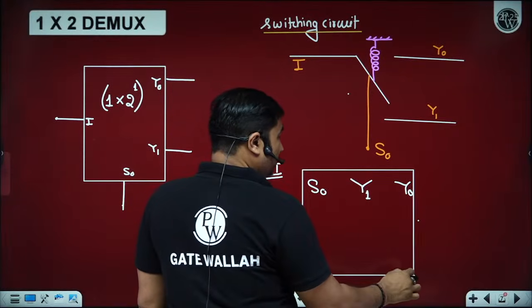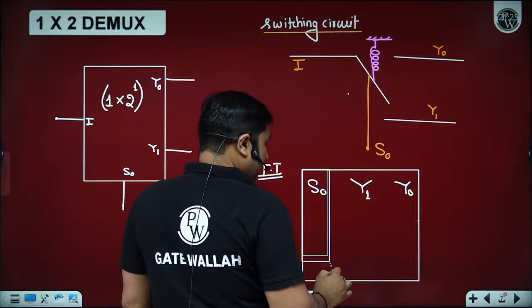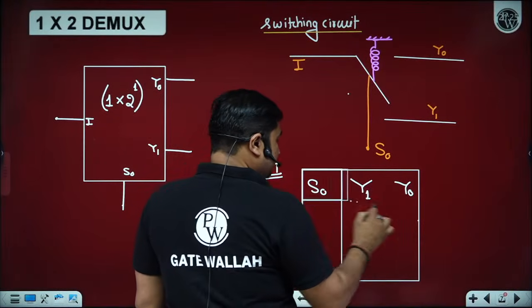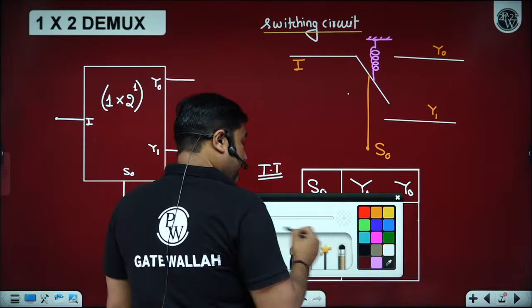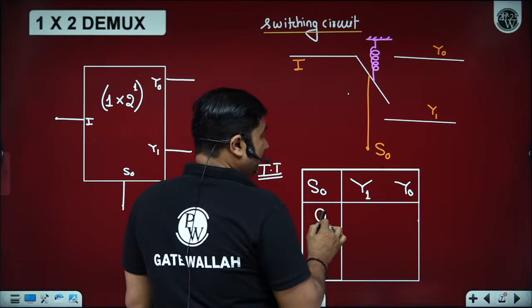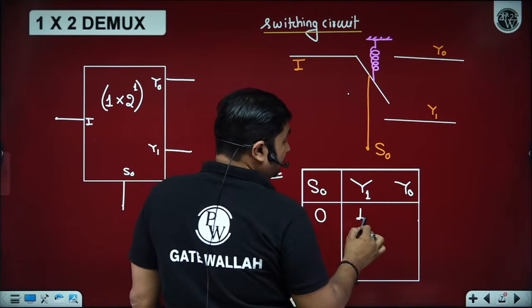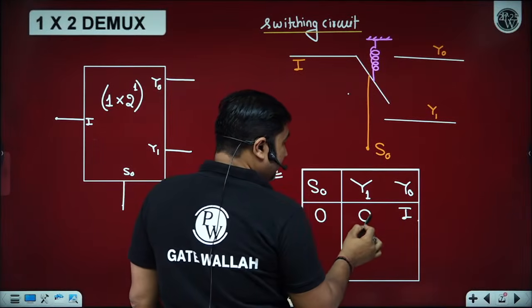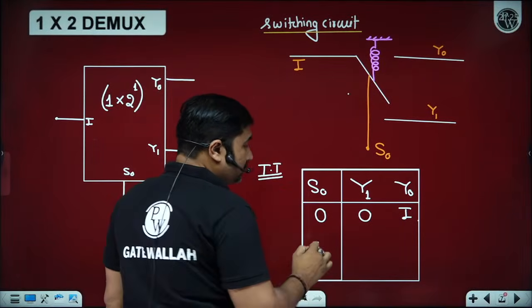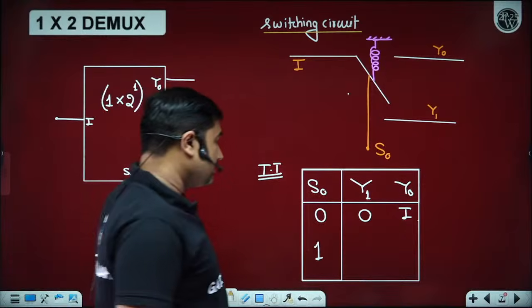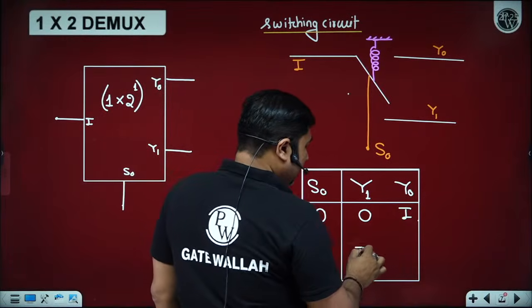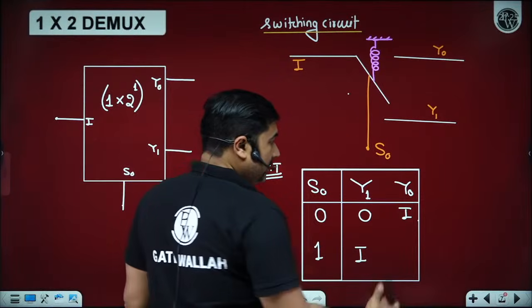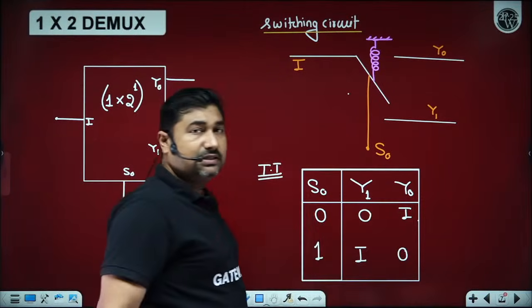We have only two possibilities with the one select, that is either the select is 0 or the select is 1. So if select is 0, what happened? Sir, input I is transferred to y0. And what happened to y1? It will remain low. If we are choosing select S0 is equal to 1, information I is transferred to output y1 and output y0 will remain 0.